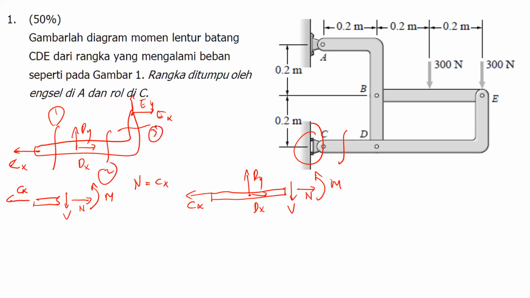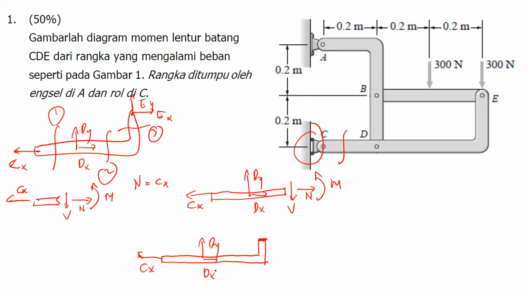Now, the last one, this particular cut, third cut. If we want to draw for this part, then my free body diagram will be like this. Okay, this one will be Cx, and then Dy, Dx.